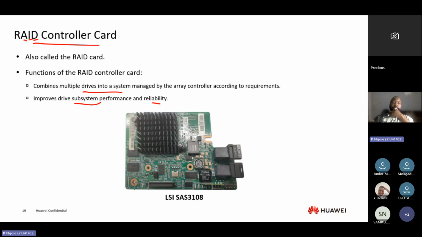Some of these RAID cards can just improve how the operating system is going to work. In that case, they will call them software RAID. Those are just there to improve how the operating system will work, to make sure that the operating system is faster or something like that.